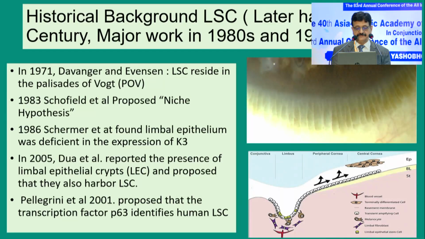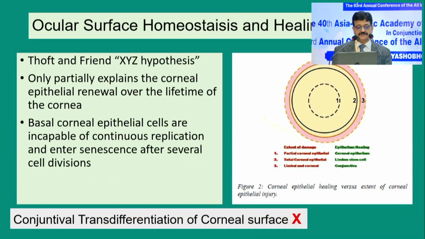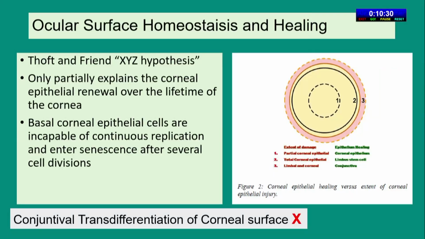In 1986, the limbal epithelium was found to be deficient in expression of K3. In 2005, Du et al. reported the presence of limbal epithelial crypts and proposed that they also harbor the limbal stem cells. Then the XYZ hypothesis was introduced, and this explains ocular surface homeostasis.